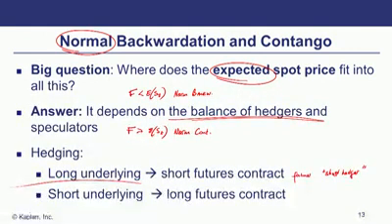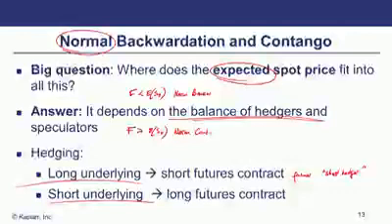Now, who may be short the underlying, and what does that really mean? What does it mean to be short the underlying? We basically mean you need that underlying. So, for example, if I'm a consumer and I want wheat, then I'm essentially currently short that underlying, and of course I'm worried about the price of wheat going up.